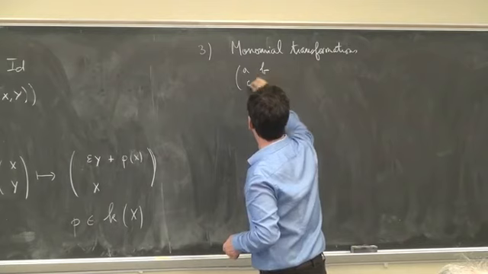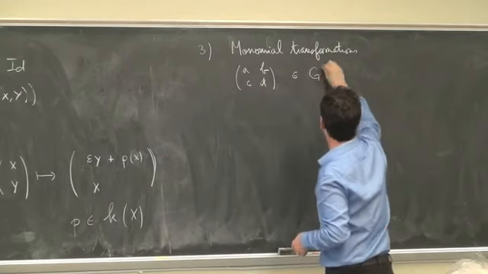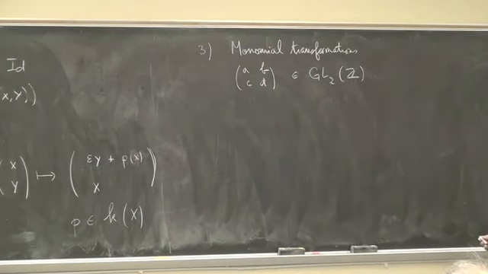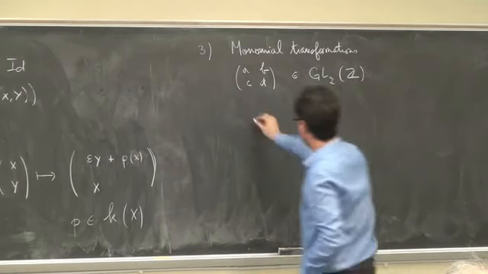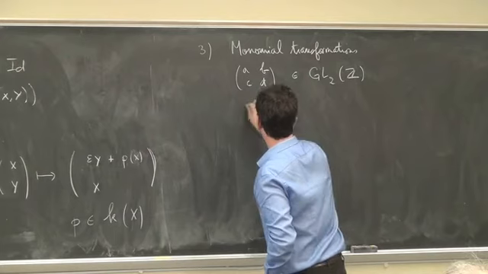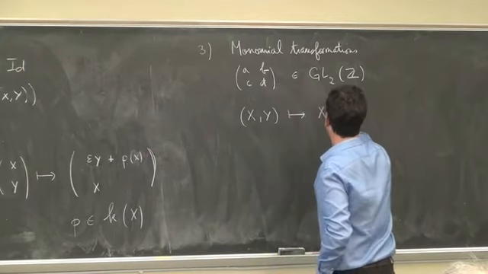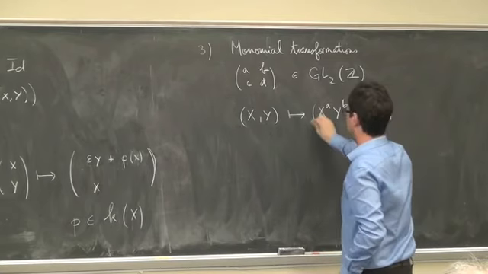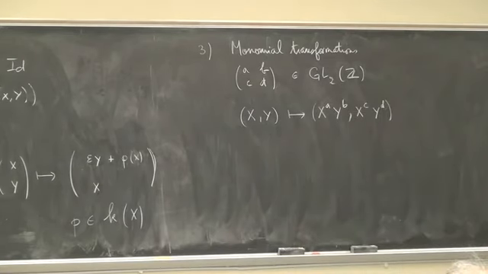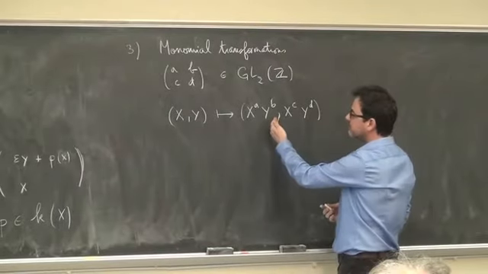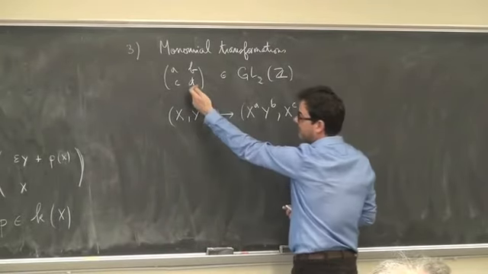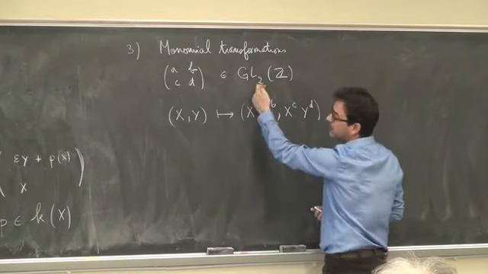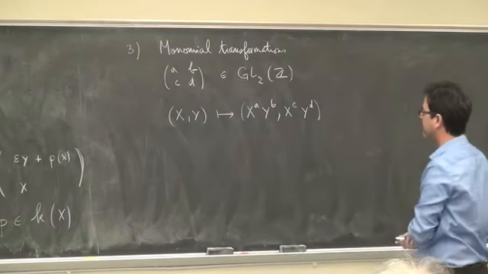You take a, b, c, d, a matrix with integer coefficients and determinant plus or minus 1, and you consider the transformation (x,y) goes to (x to the a, y to the b, x to the c, y to the d). It's invertible because the inverse corresponds to the same transformation but for the inverse of this matrix. So you get an embedding of this group into the group of birational transformations.